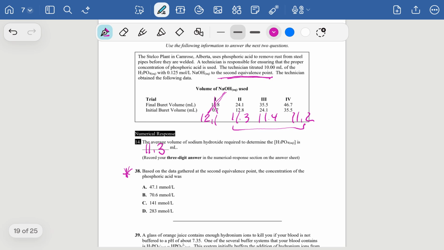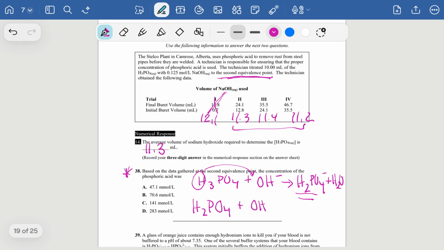Now, this part does get a little tricky. You're reacting H3PO4 with any OH. So we could use a little bit of Brønsted-Lowry here to see what's happening. We have one hydrogen moving over, and when that happens, you will get H2PO4 negative and water. Now, that's what's going to be reacting at your second equivalence point. So H2PO4 negative, you're still adding in that OH ion.